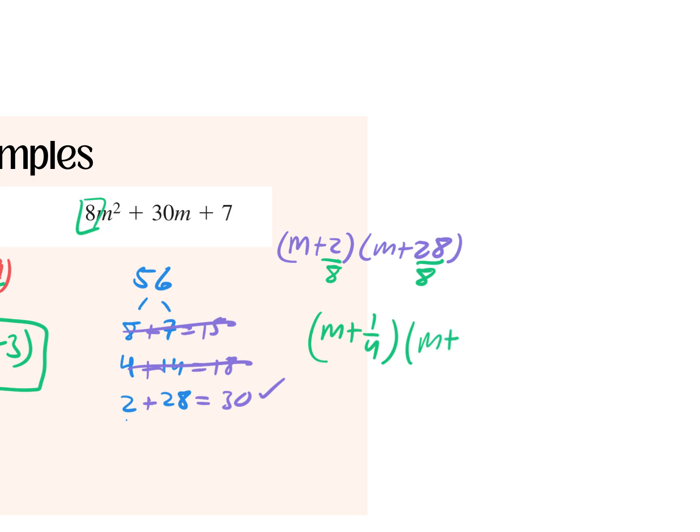Or I think you can divide a 4 from both of them, actually. So divide a 4 from both of them, we get 7 over 2. All right, if they can't simplify any further, slide. So we get 4m plus 1 times 2m plus 7.